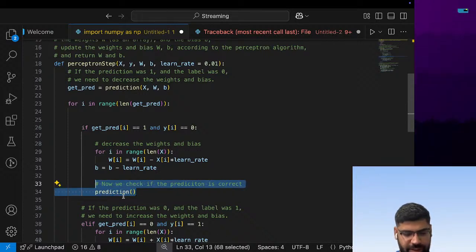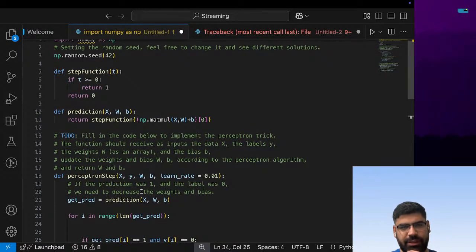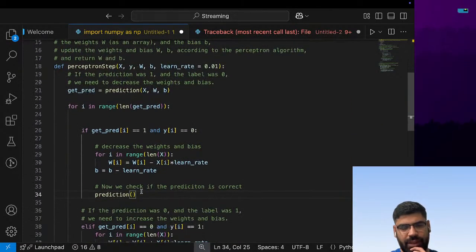What will be the best way if I want to get just one prediction back? You think I can get one prediction back? I should be able.